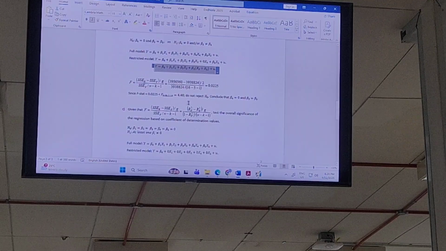We can conclude that we can agree the true value of beta 4 equal to 0 and beta 3 is equal to beta 5. So later try to do this one, estimate the model here, and then try to calculate.